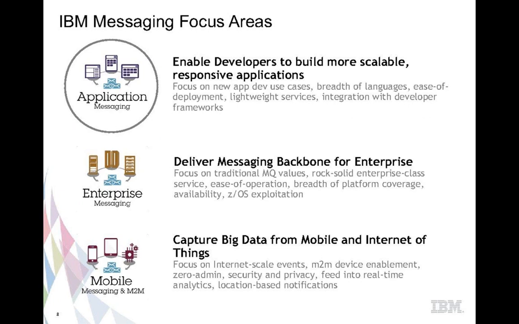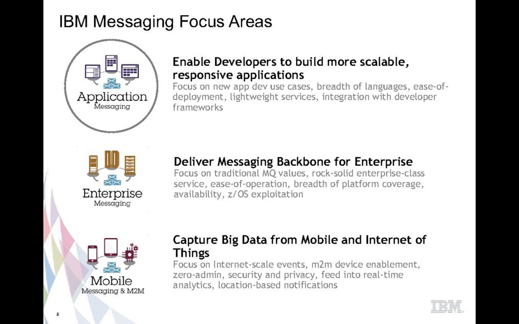As of today, MQ covers over 70 platforms, with z/OS exploitation. And then it offers an enterprise-wide class of service with various characteristics that we've discussed in the previous slides. So that's the enterprise messaging, which most organizations use with MQ installed.